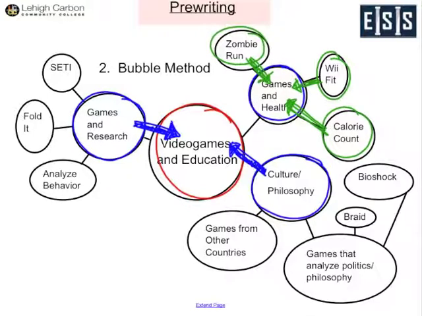It's a game that's used on your phones to promote walking and running in regular ways. So, all of these things reinforce our main topic there, which in turn reinforces our overall central topic, games and education. So basically, the bubble method is just a way of organizing your ideas.